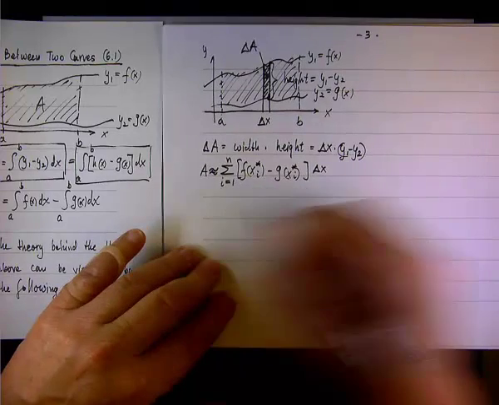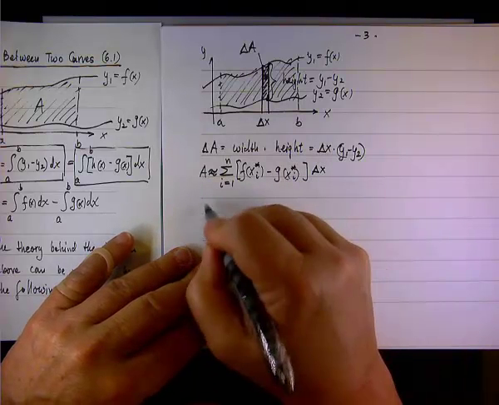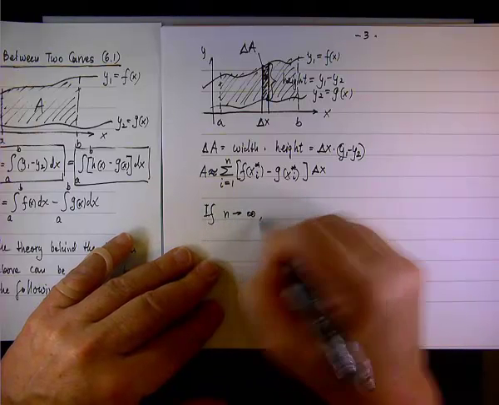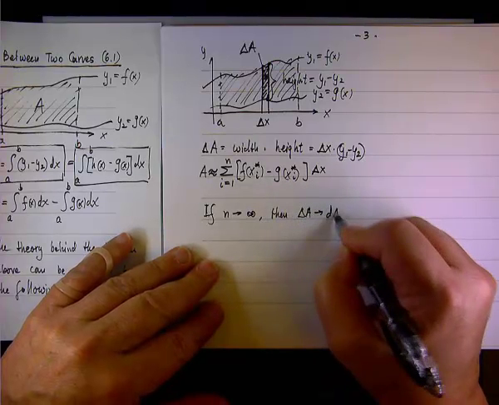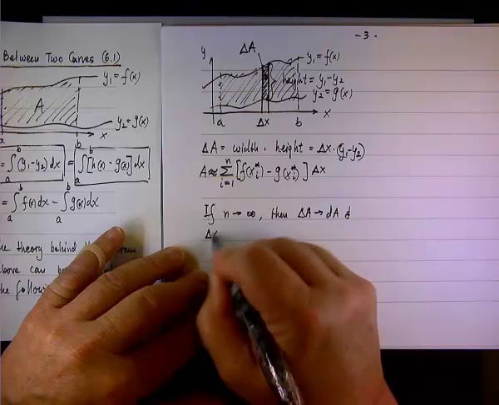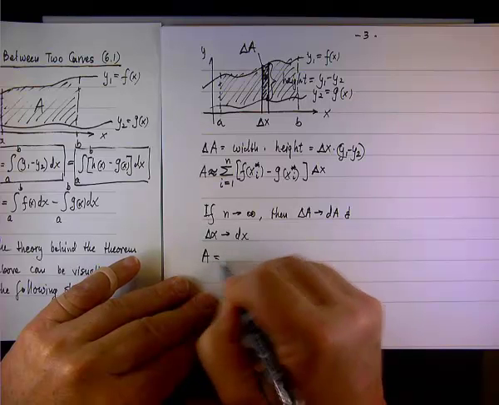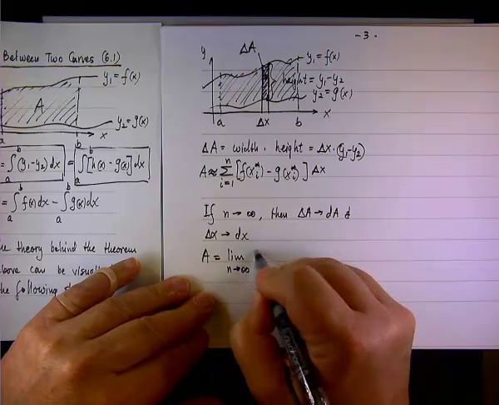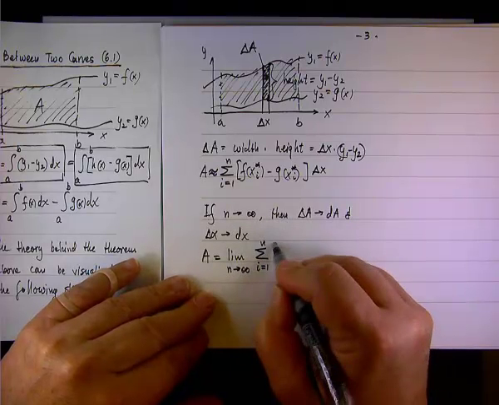And we know that the area exactly, if we let n go to infinity, then delta A becomes dA and delta x becomes dx. So A, the exact value, will be the limit as n goes to infinity of the Riemann sum, sigma from 1 to n of what we wrote above.